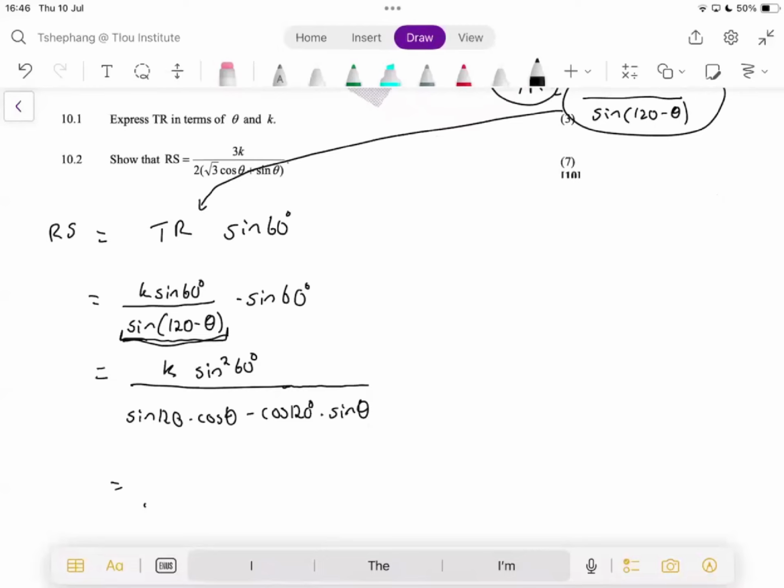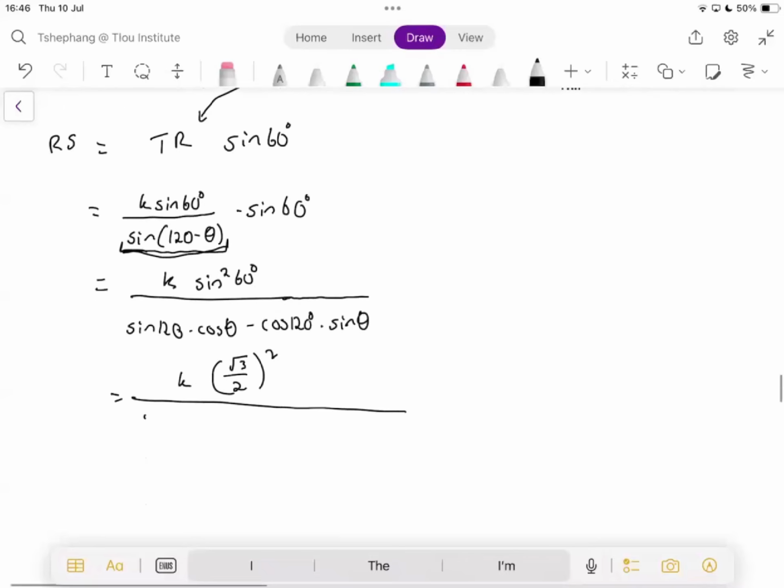Okay, then this is K, division line. What is sine of 60? It must give you root 3 over 2, but it is squared. And then the rest is just calculator work. What is sine of 120?